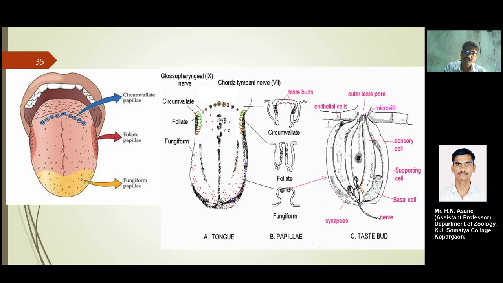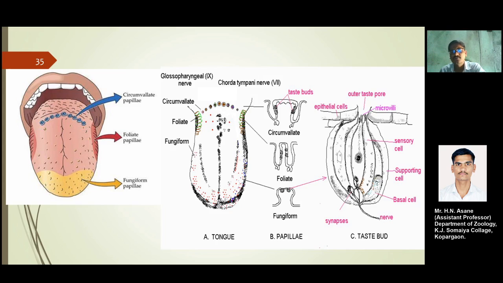As you can see in the last picture, that is nothing but the taste bud, a section of the taste bud. The epithelial cells form a protective coating on the taste buds, okay.